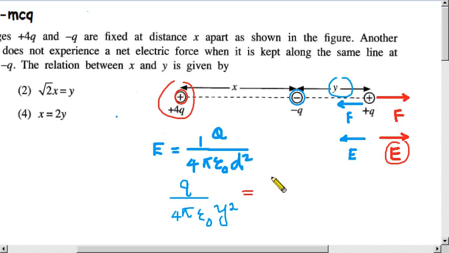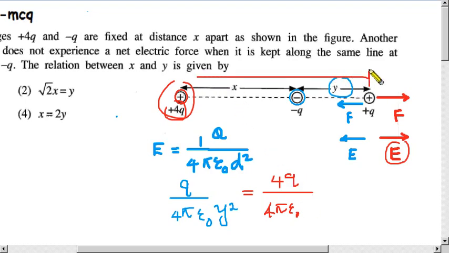So that also 1 over 4 pi epsilon naught q divided by d squared. So therefore 1 over 4 pi epsilon naught, then q is this 4q, then d is this total distance to this place from here, x plus y.